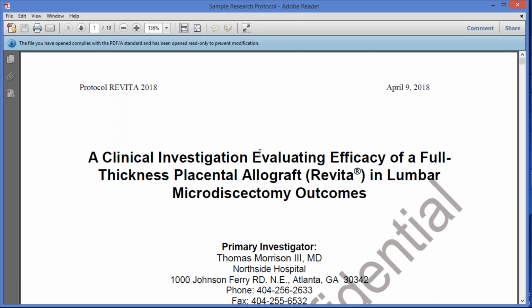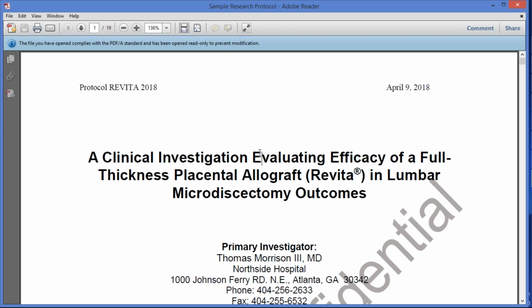As you can see by the name, it is a clinical investigation evaluating the efficacy of full thickness placental allograft.